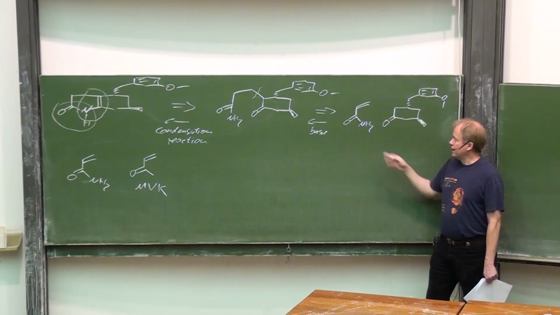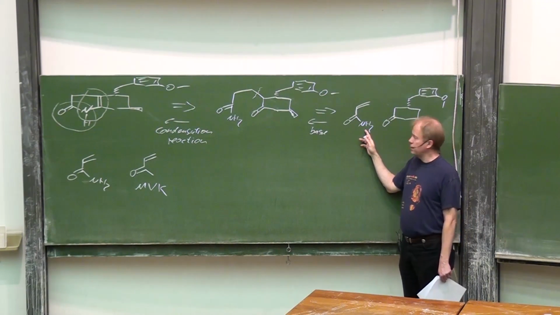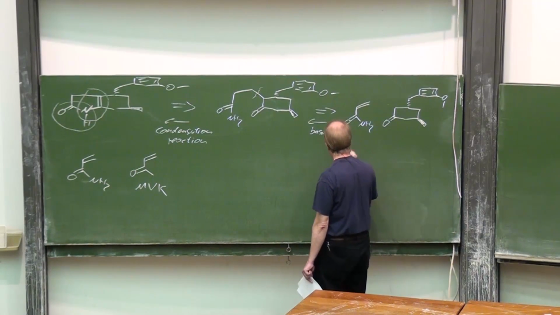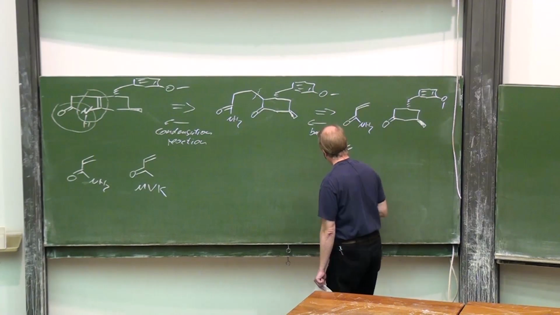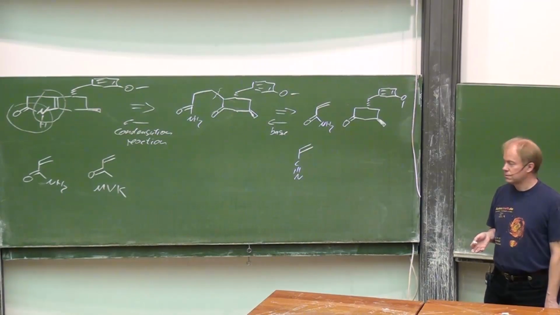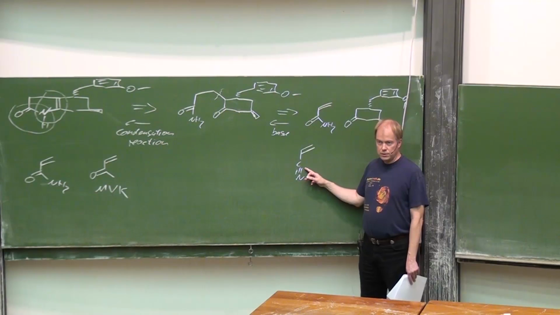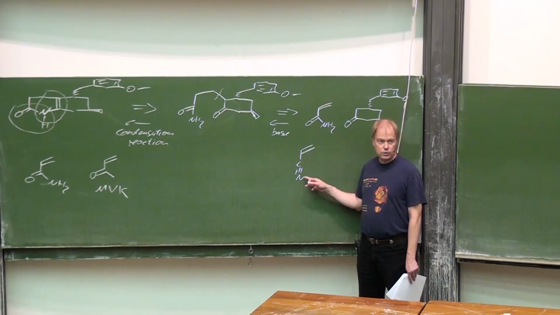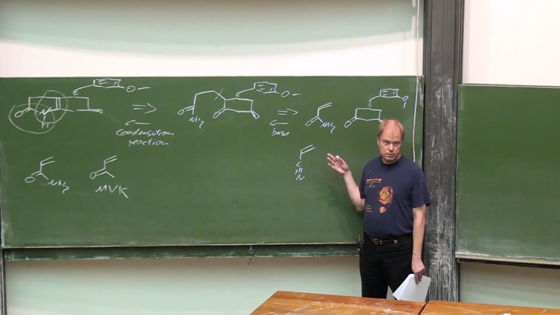So, it might not be necessary directly having the amino group here. We could think about using acrylonitrile instead. Okay? So later on, semi-hydrolyzation of the nitrile group will lead to the amide functionality.